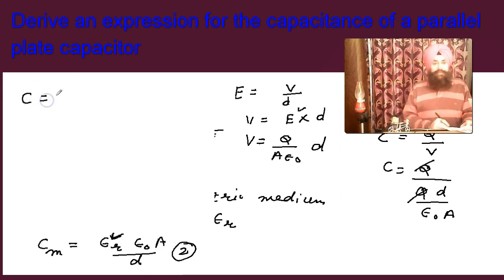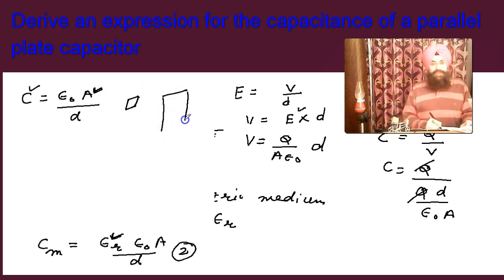First of all, capacitance of the parallel plate capacitor, if it is free space, then the formula tells that the capacity is directly proportional to area. If the area is small, the capacity will be small.